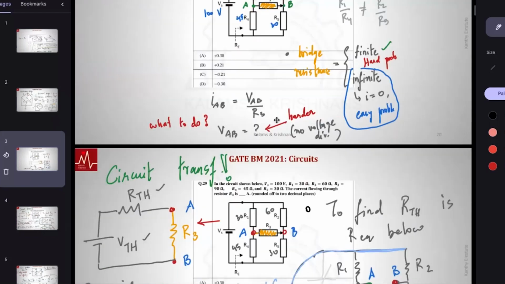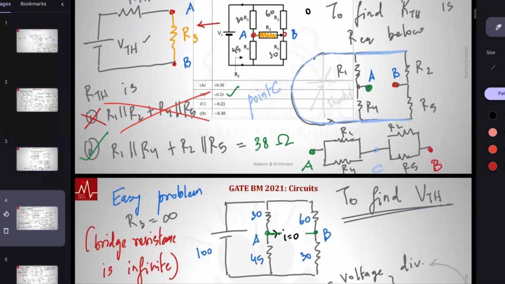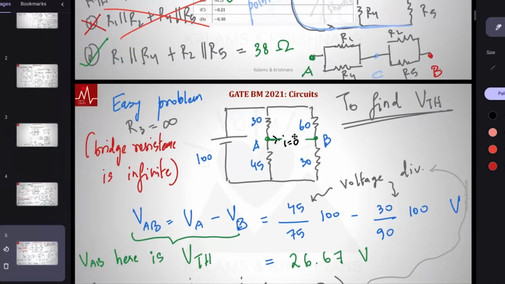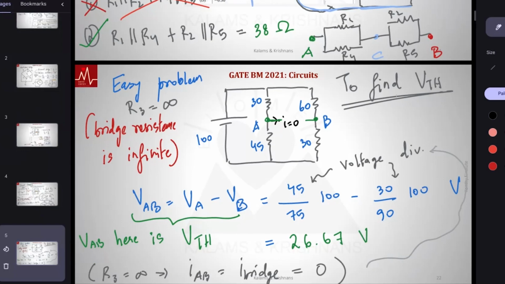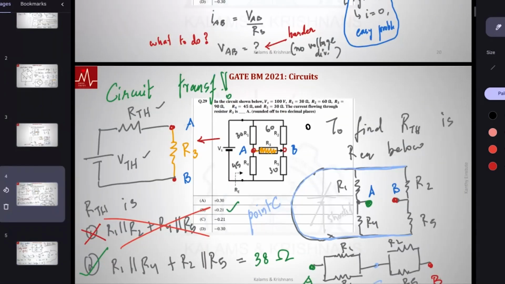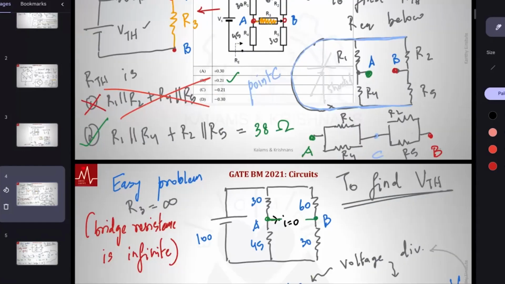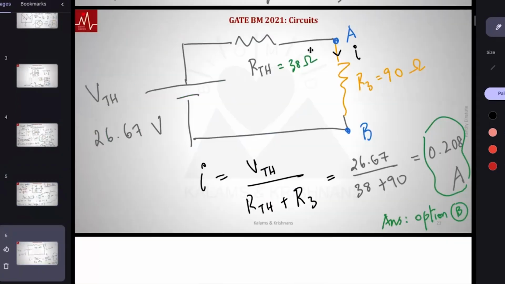Infinite resistance is fairly easy to answer. In fact, it shows up as a sub-problem. The finite bridge is relatively harder. You have to find R Thevenin, you have to find V Thevenin. Once you do that, that's it. You can easily get it.